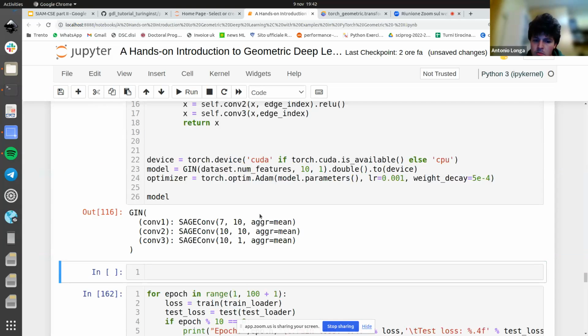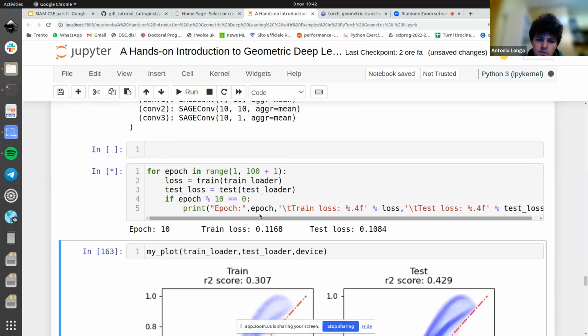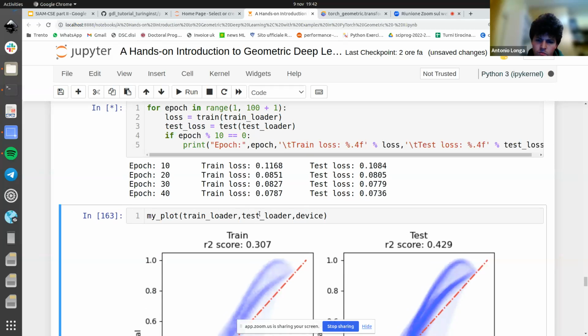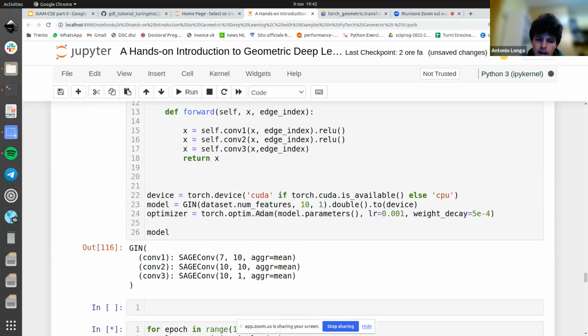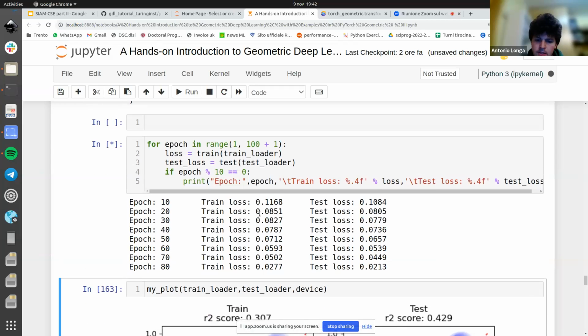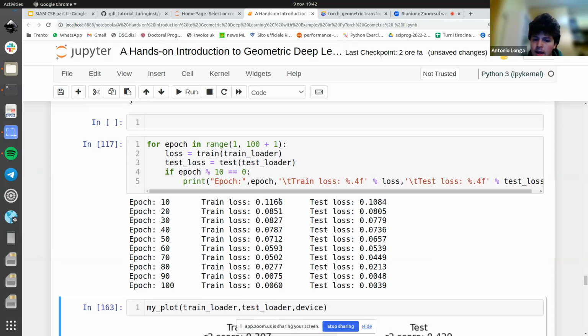We instantiate our model and run it. Now you can see that we started from 1.1 and go down to 0.06.